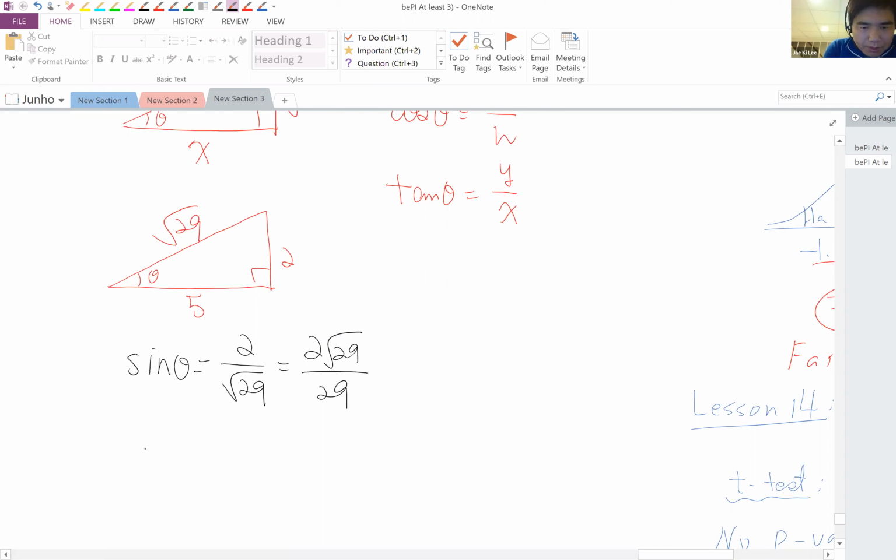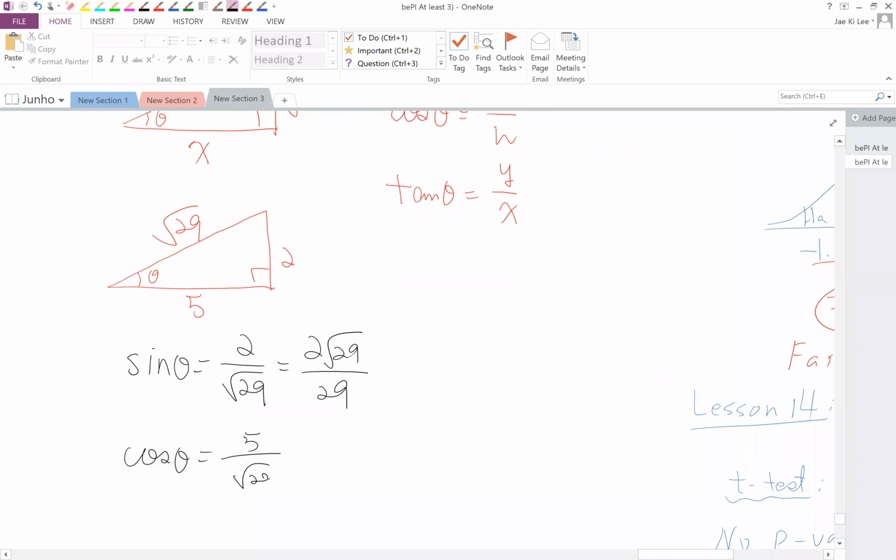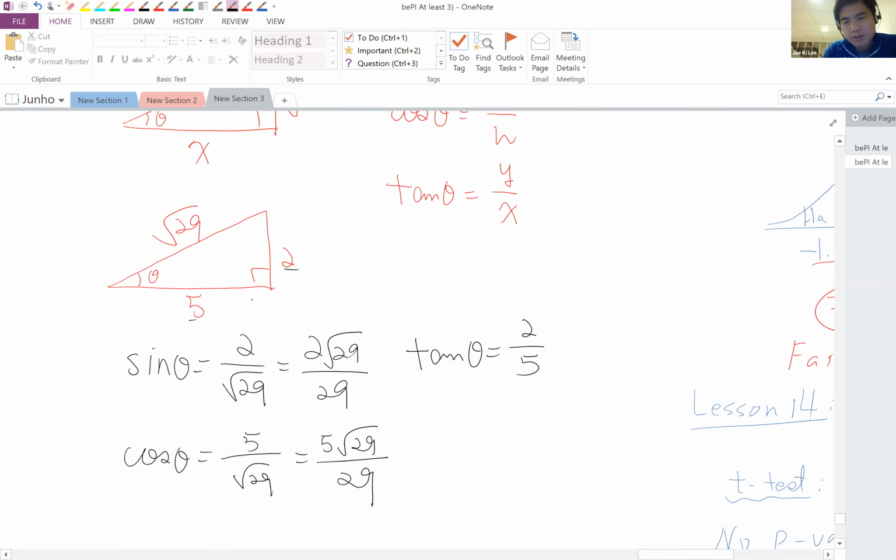And cosine means 5 over root 29, which means 5 root 29 over 29. And then tangent theta means 2 over 5. Why? Because of y over x, like that.